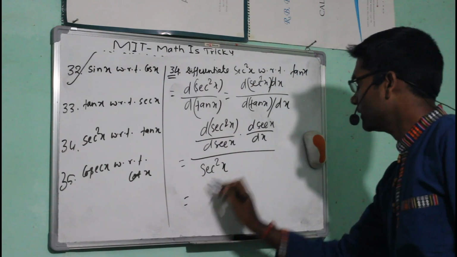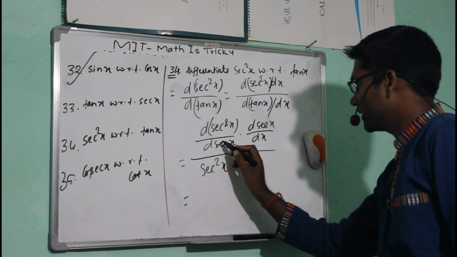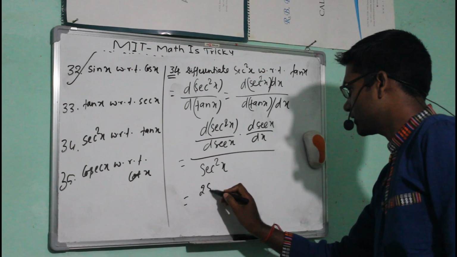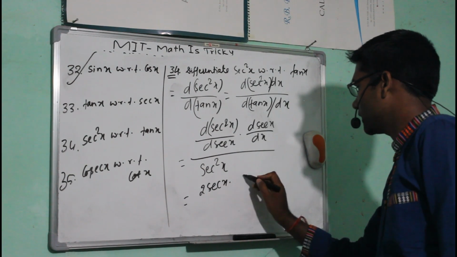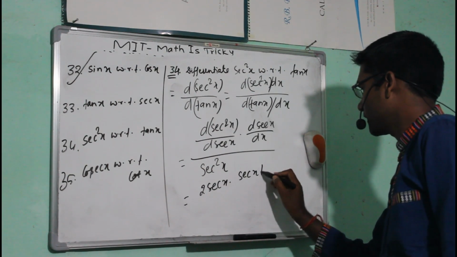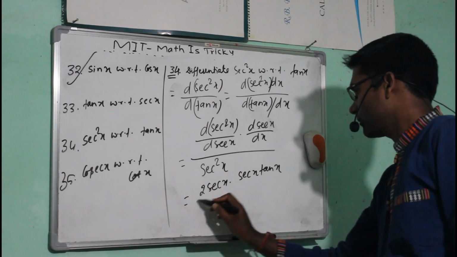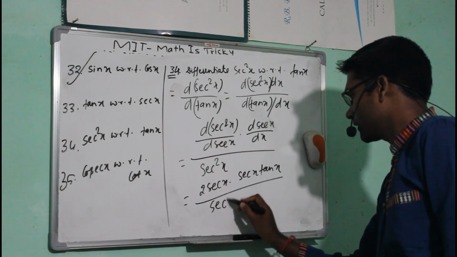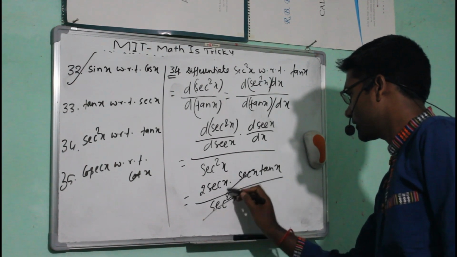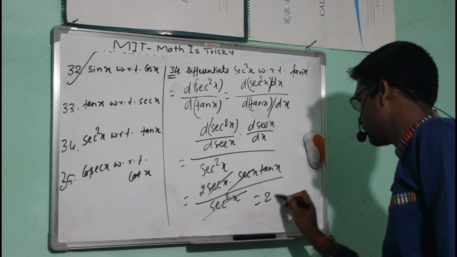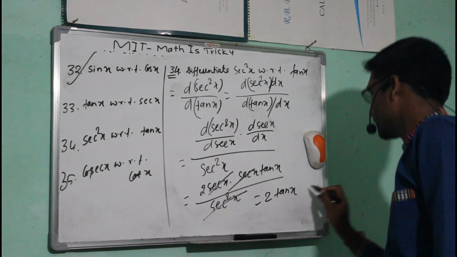Now derivative of sec square x with respect to sec x is 2 sec x, derivative of sec x is sec x tan x, divided by sec square x, sec square x cancel, so we have 2 tan x. That's your answer.